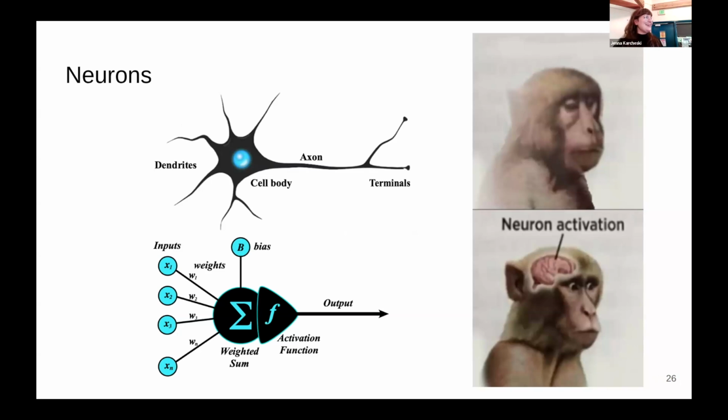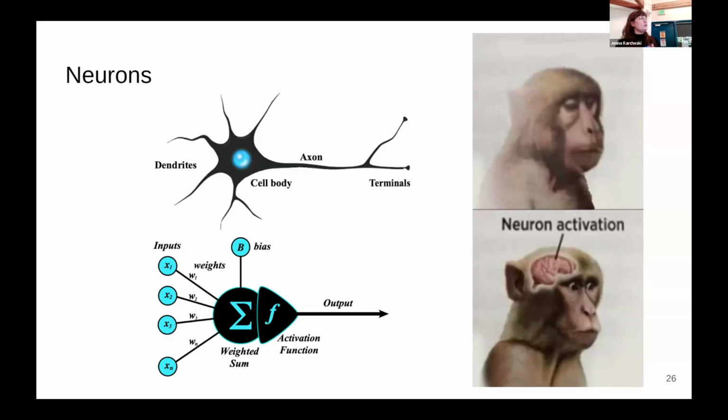It was inspired by our neurons, which take in complex information. They're connected to all of our other neurons, and they take in these complex signals and output some complex task, like storing a memory or telling our brain to pick up a coffee.